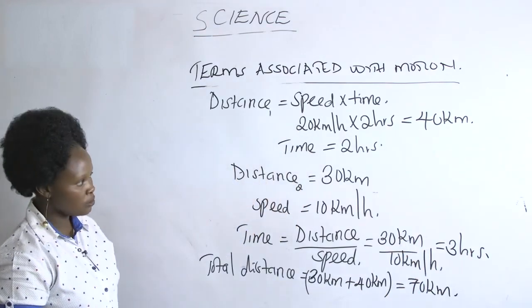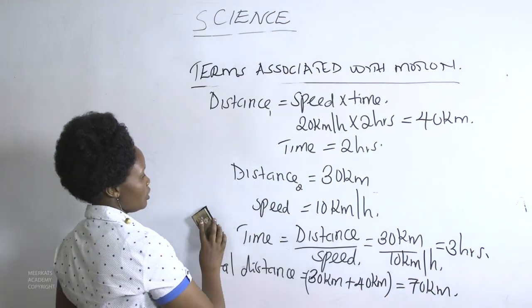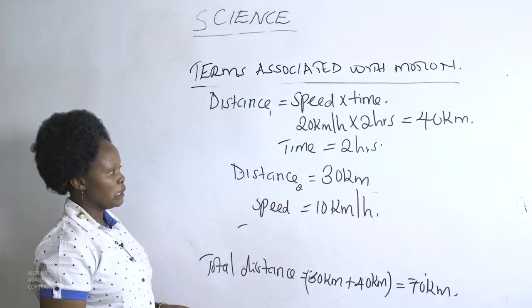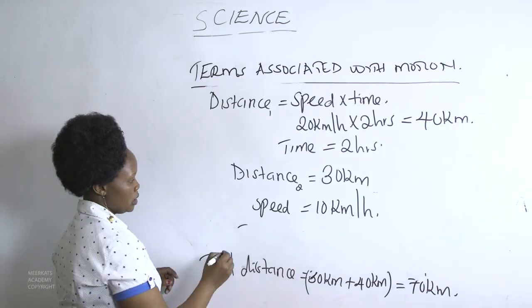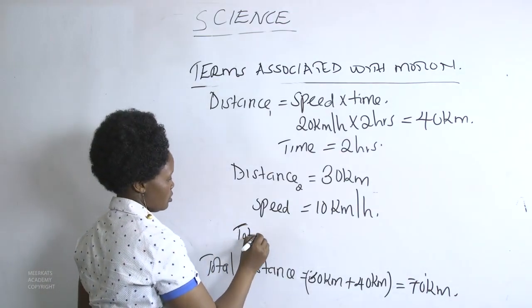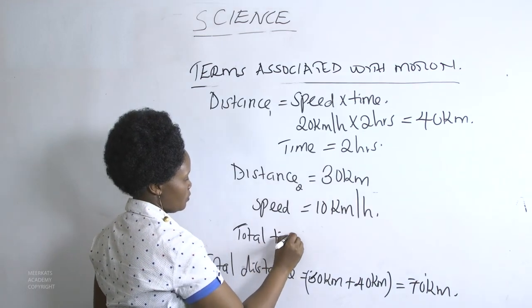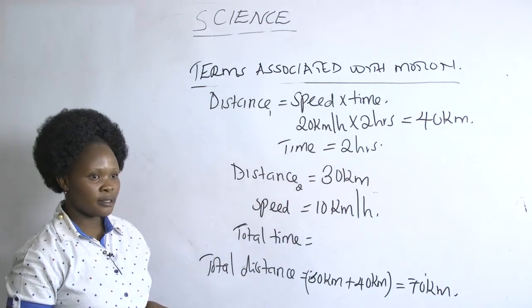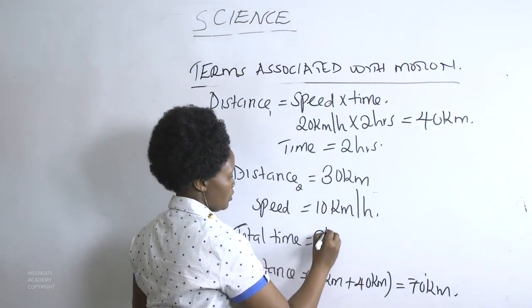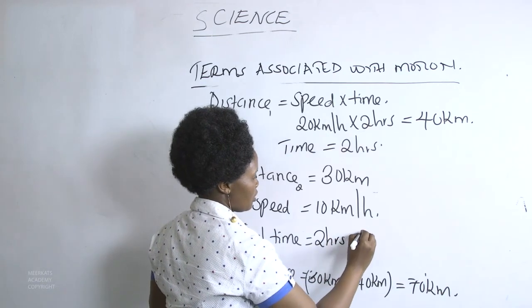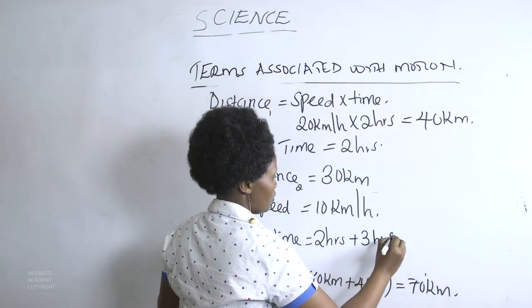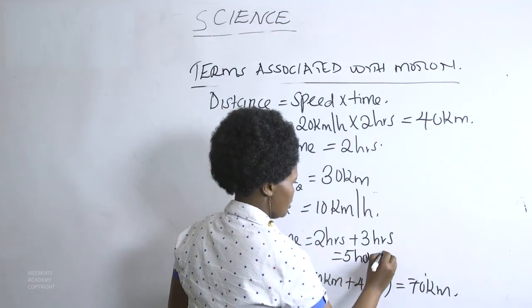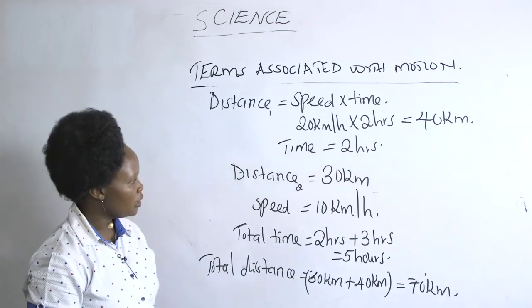How about the total time? The first bit of the journey took 2 hours, while the second one took 3 hours, which gives us 5 hours in total.